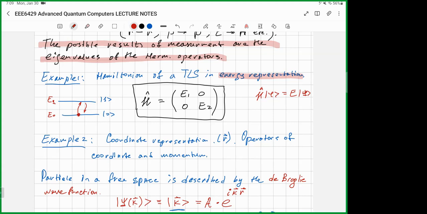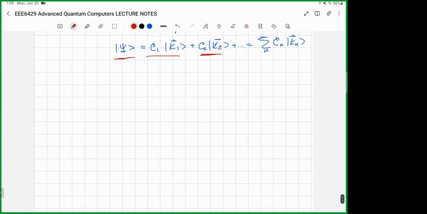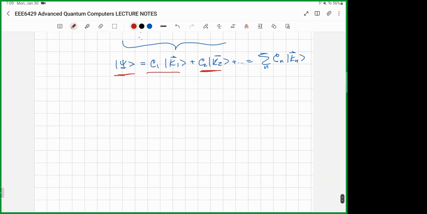In the second case, in the coordinate representation, I have basically the same. In the coordinate representation, the operator of a radius vector, the operator of the coordinate, is simply the coordinate itself.